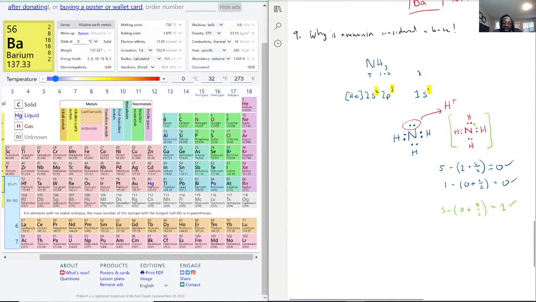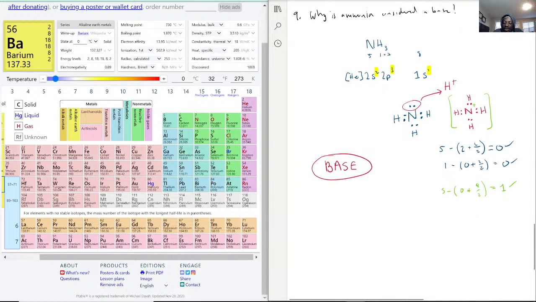So now we've shown that, with the Bronsted-Lowry definition, a base is something that, because it has a lone pair, is able to take a hydrogen. And remember, bases accept hydrogens, which makes this a base. That's why ammonia is considered a base. And if you were to write down the whole formula, where it was attacking and forming that H+, it'd be kind of like this: NH3 plus, let's say, water.